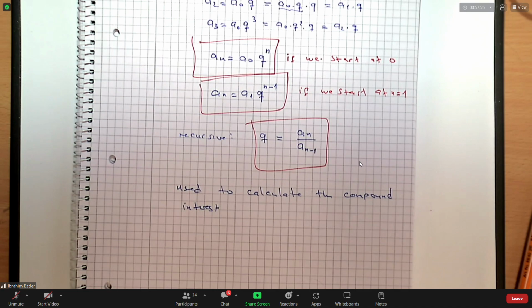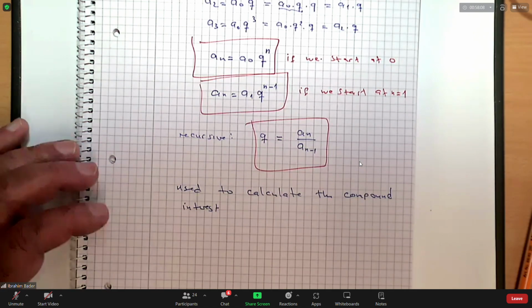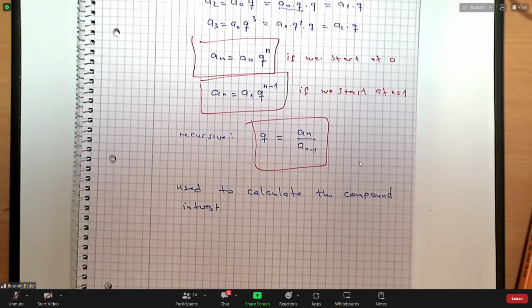That's why it's called compound. Call it in German, Zins or something like that. The interest of the interest, right?